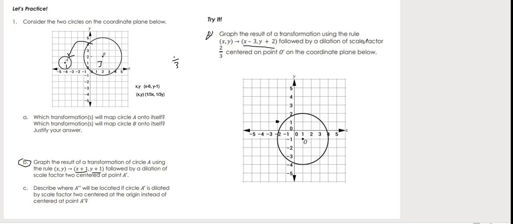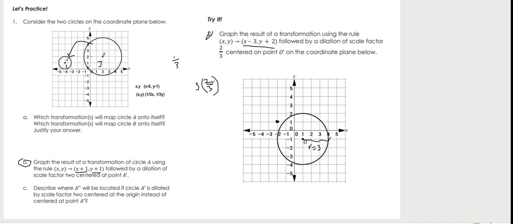Followed by a dilation with a scale factor of 2 over 3. If my scale factor is 2 over 3, I need to find the radius. In this case, R equals 3. So to get the radius of the new circle, I need to take the radius of circle O, which is 3, and multiply that by 2/3.